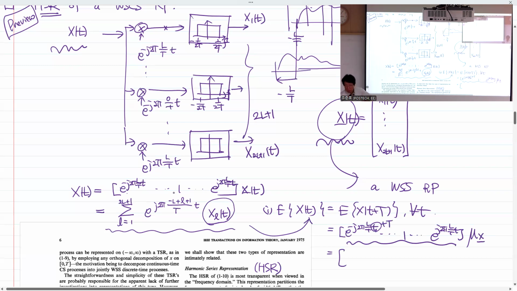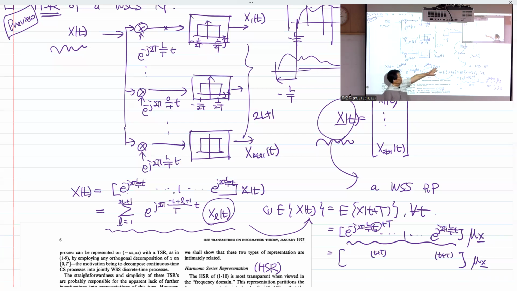The same, right? So you have the same result. Got it? So the first part is proved. If this is a wide-sense stationary random vector, it has a sample path which is periodic with period capital T.